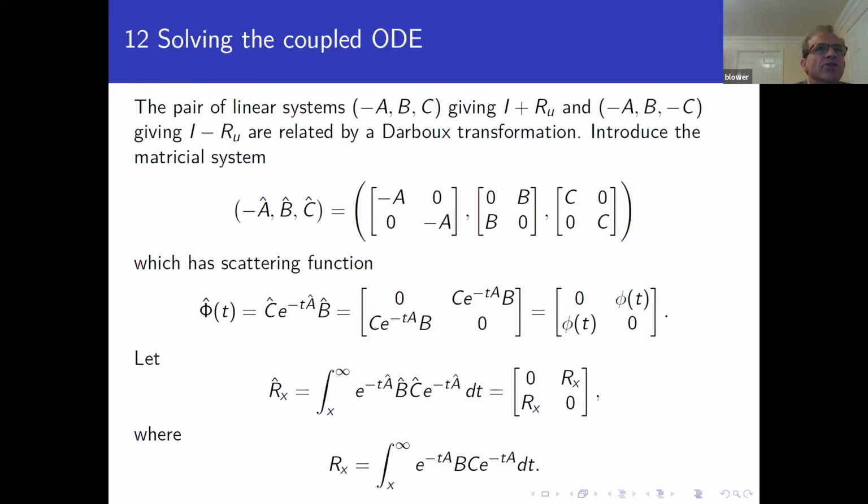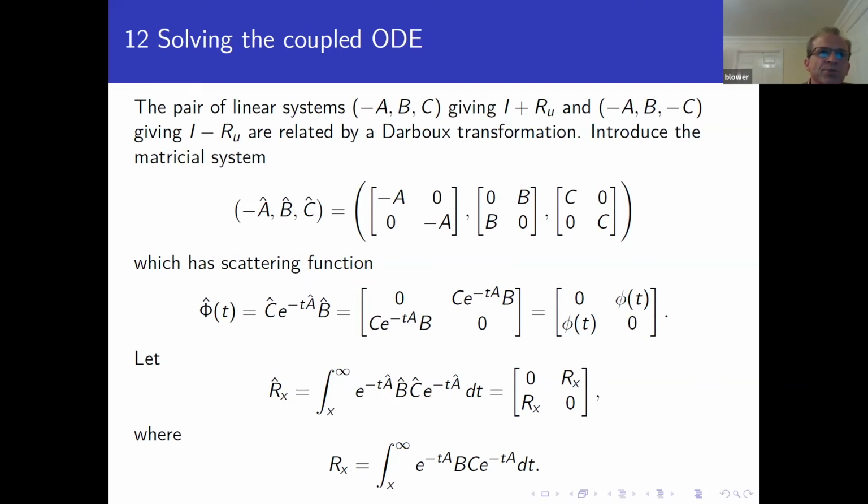The setup begins with minus A, B, C, and we want to have the linear system giving I plus RU, and also I want to make a slight variation and consider minus A, B, minus C, which is going to give me I minus RU. These were the two operators that I needed to form the expression S. So we put these together in a slightly unexpected kind of way.